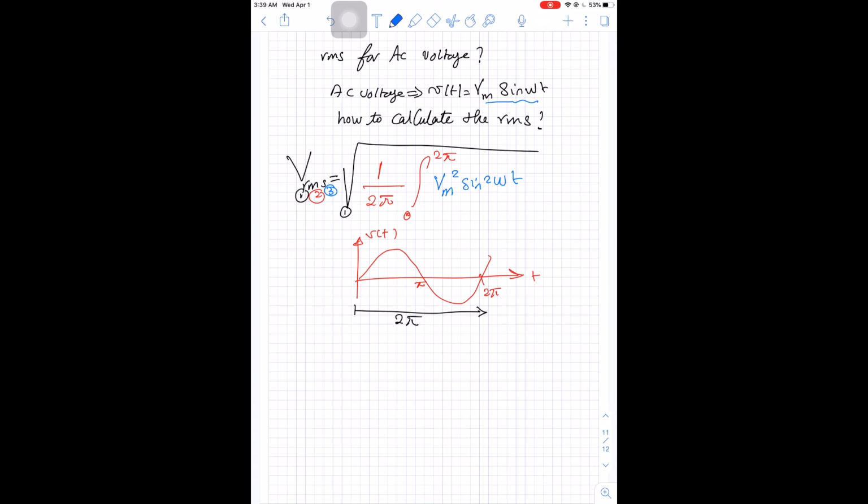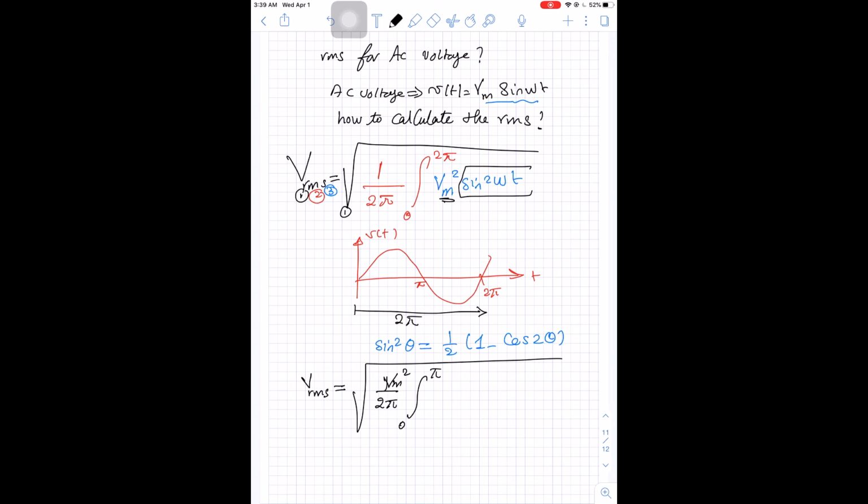And we know that sine squared theta is actually half of 1 minus cos 2 theta. So we can rewrite this integration as V_RMS equal to the square root of 1 over 2 pi, integration from 0 to pi, and we can take V maximum squared out from the integration, and we can substitute for sine squared as half of 1 minus cos 2 omega t.